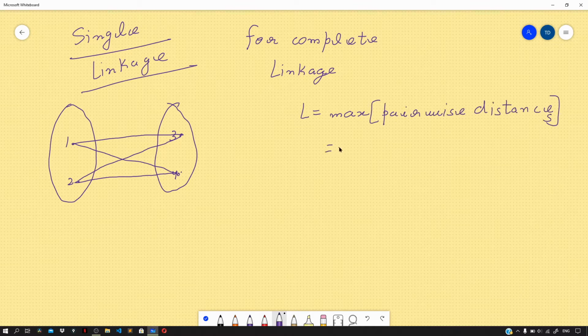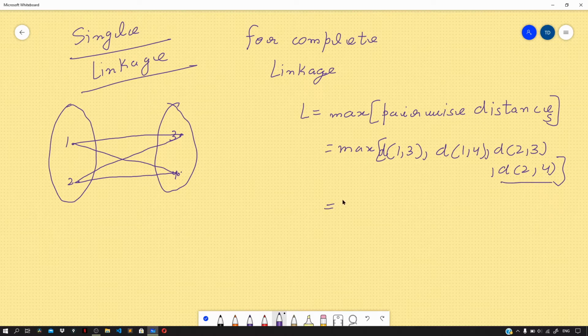So you can say we selected the maximum out of the pairwise distances, which we can denote by D13, D14, D23, and D24. And we assume that the maximum pairwise distance was between the points 2 and 4. So when we apply max on these, we get D24, right? So this was the linkage value for complete linkage.